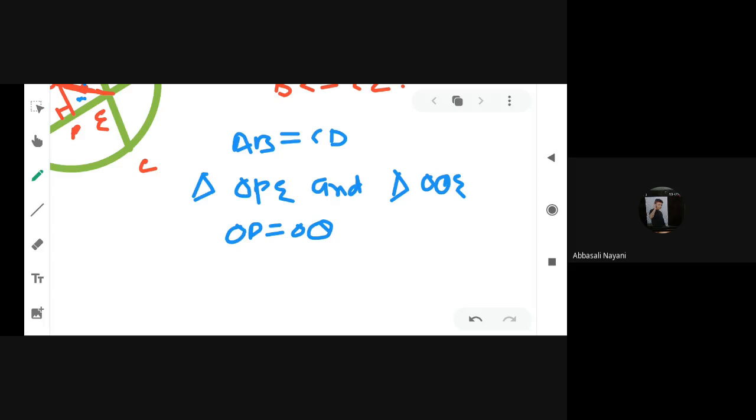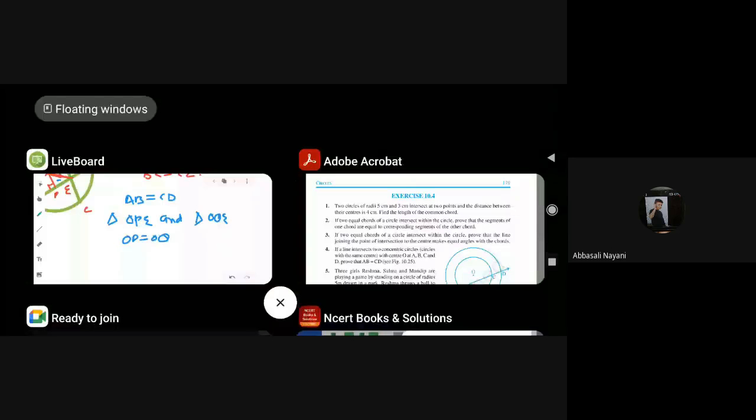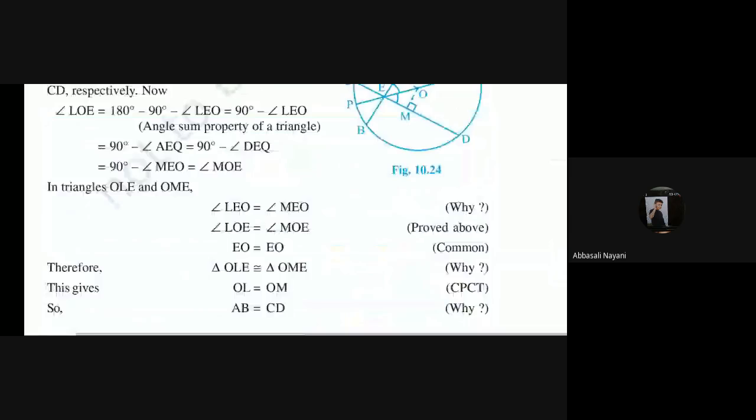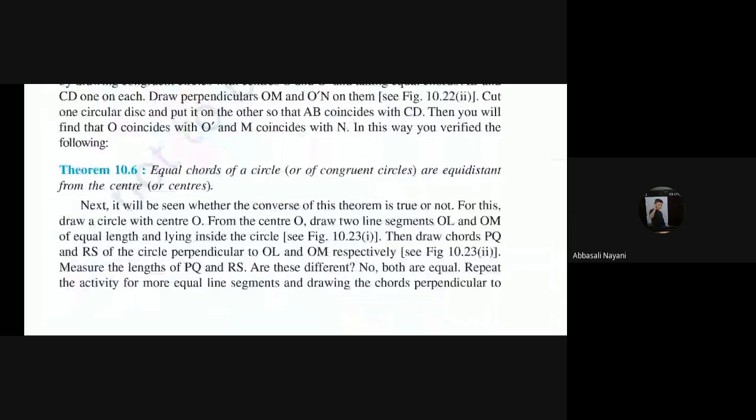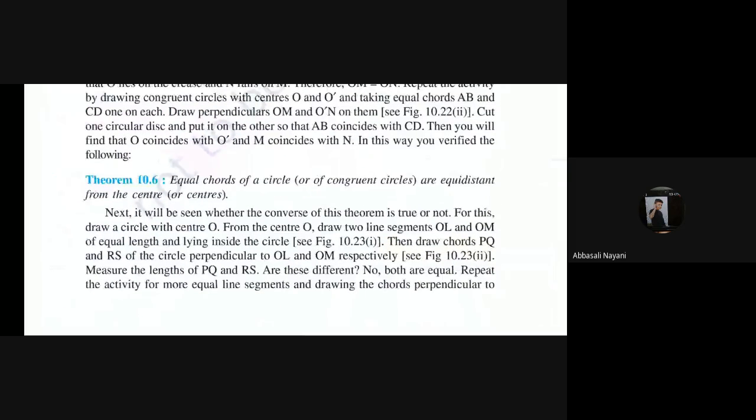It is one theorem. If you want to see this theorem, write down theorem 10.6. Please read: equal chords of a circle are equidistant from the center. What is the meaning of this statement?